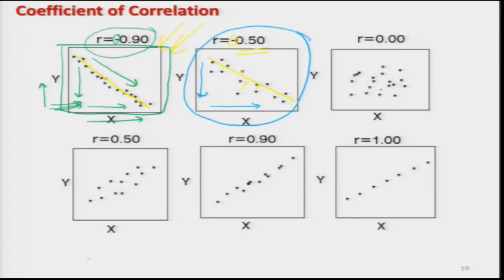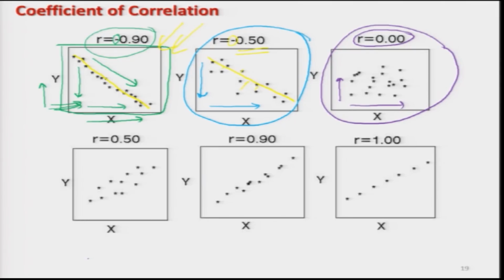Now, in the third case, you can see here that there is no clear relationship, and as the values of x increase, y's are also changing, and there is no relationship in this case. So, this is a case of 0 correlation or no correlation, and this is represented here by r equal to 0.0.